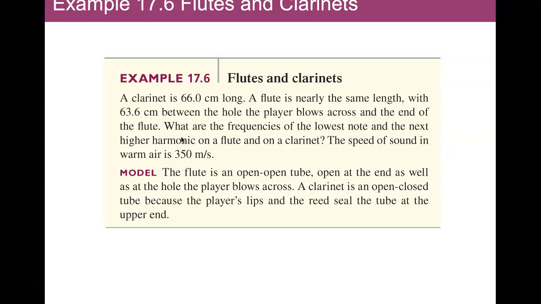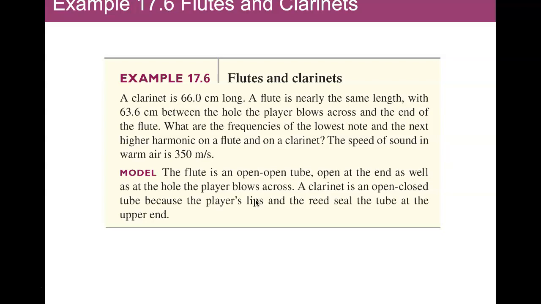And the speed of sound in warm air is 350 meters per second. So the model is that the flute is open at the end as well as the hole the player blows across, and a clarinet is open-closed because the player's lips kind of seal the tube. So that's the difference between the two, at least in this simple model.